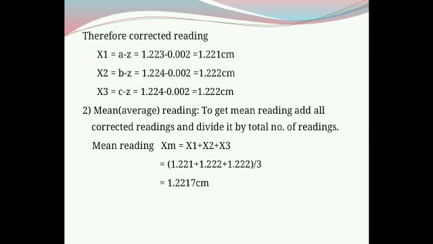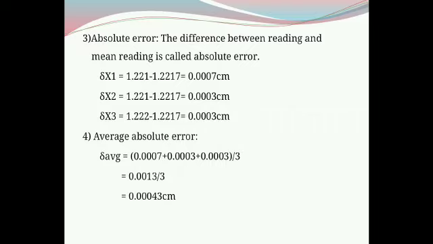Therefore 1.221 plus 1.222 plus 1.222, that total divided by 3. We get the final answer 1.2217 centimeter. Third step is to find the absolute error. When we find the difference between the reading and the mean reading, it is called the absolute error.